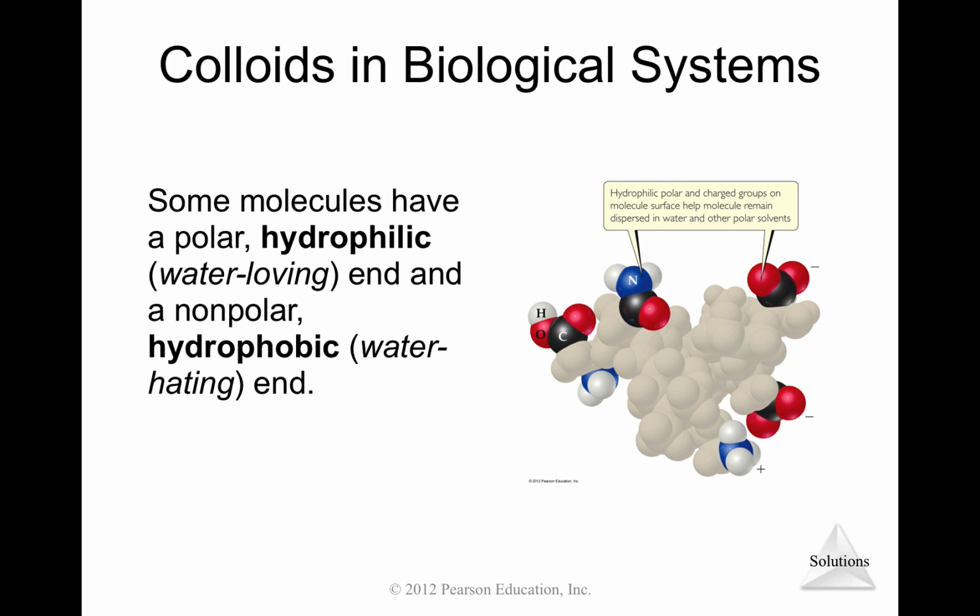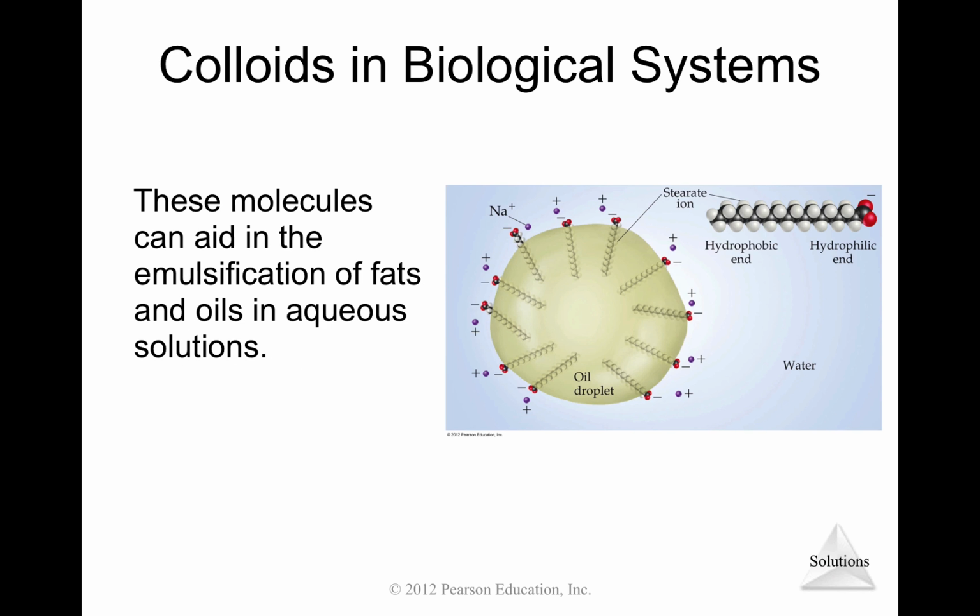So when you put certain molecules into the water, some part of the molecule is going to be attracted to the water, the other part is going to be repelled by the water. So this is how soap works. Soap surrounds an oil particle on your hand with the hydrophobic end. The hydrophobic end is attracted to the oil on your hand, whereas the hydrophilic end of soap is attracted to the water.